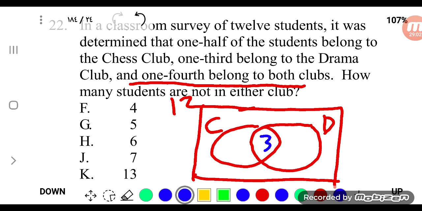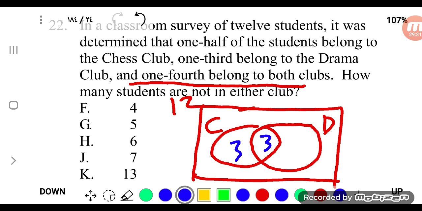Also, 1/2 of the students belong to chess, which means the circle for chess has 1/2 of 12, which is 6. 3 plus 3 is 1/2 of 12, so this region is 3 also.